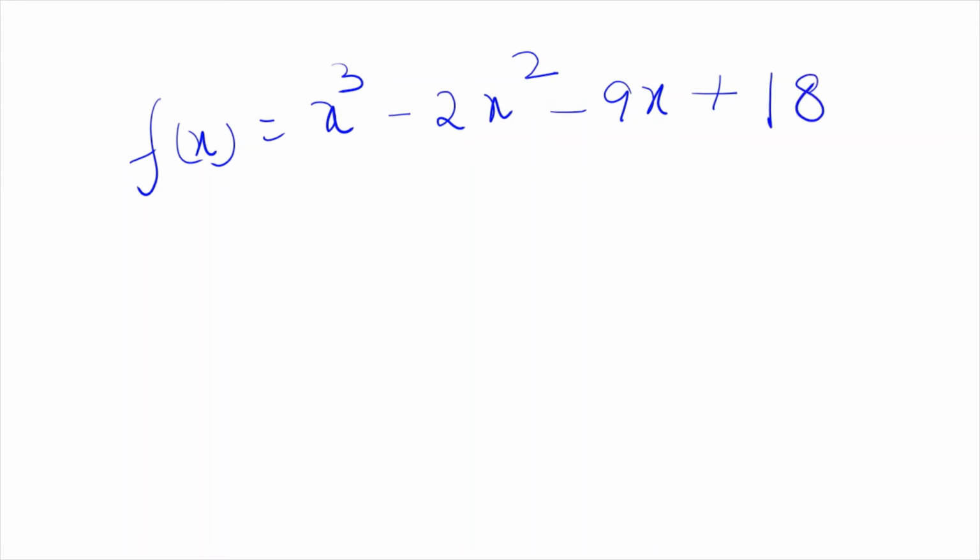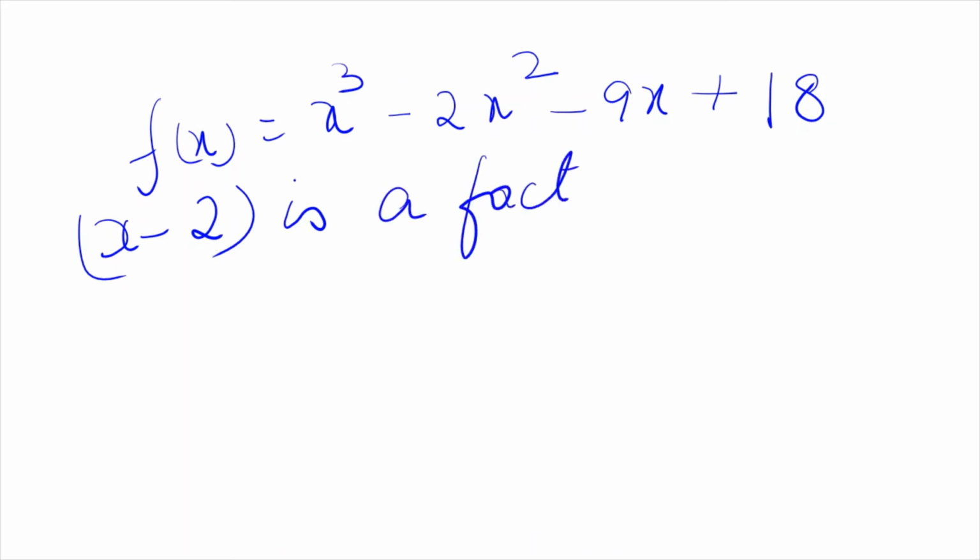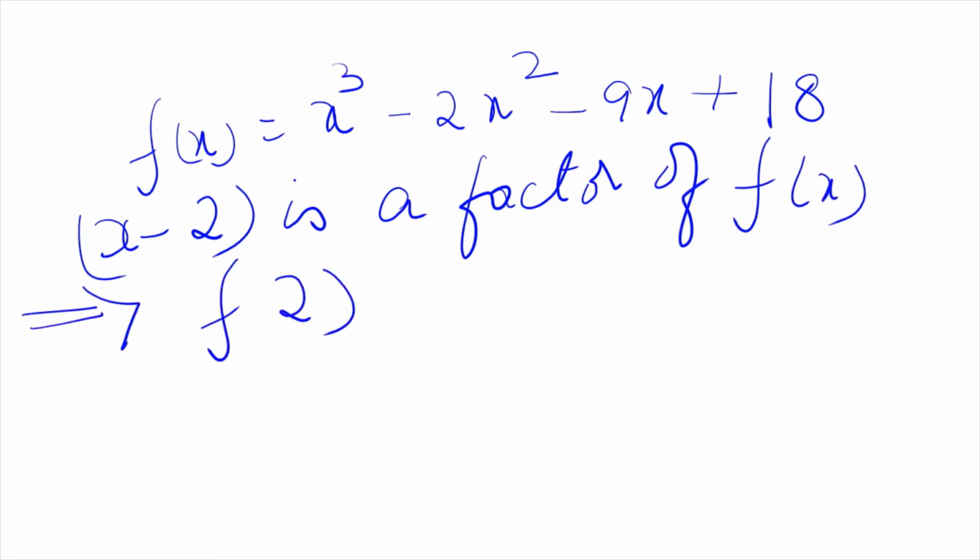Okay, now what is given? x minus 2 is a factor. So x minus 2 is a factor of f(x), so it implies f of 2 is equal to 0. Right? Since it is a factor, it will leave no remainder.